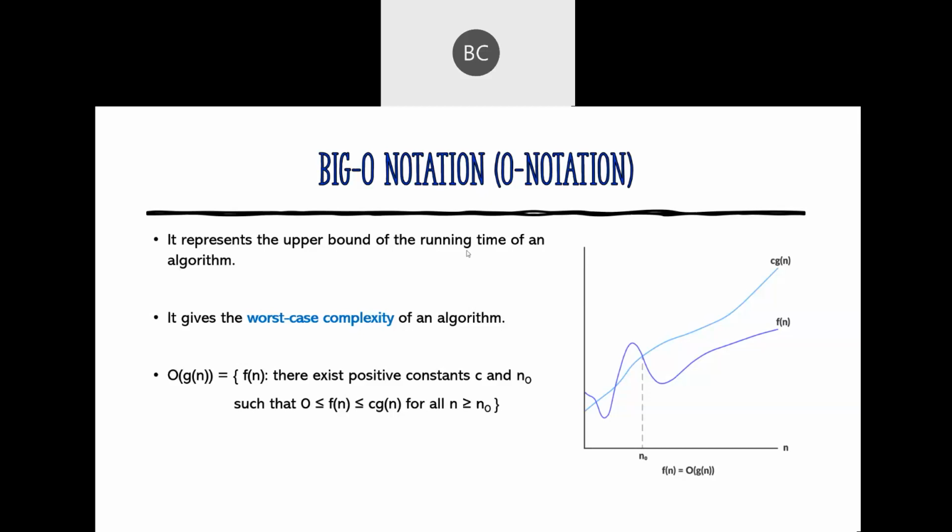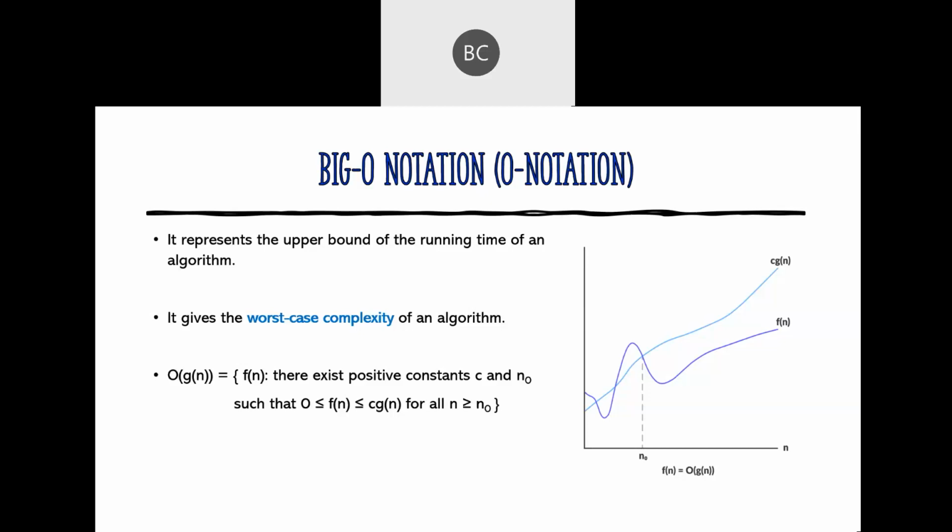In the graph part, this big O provides the upper bound. Upper bound means what? Suppose your function should take, just for example, 10 milliseconds. With the help of big O, I'm just saying that your program's maximum time limit is 10 milliseconds.